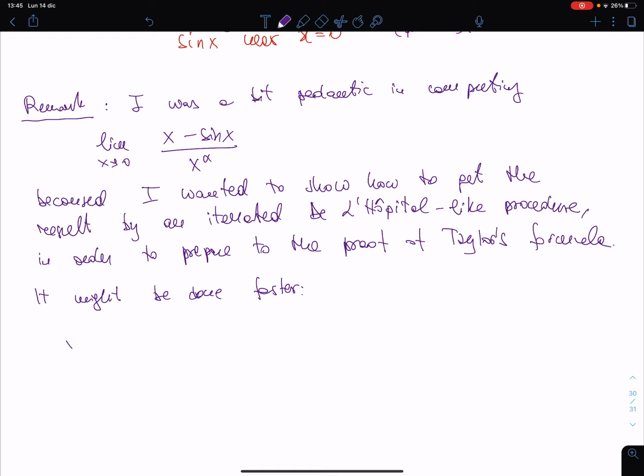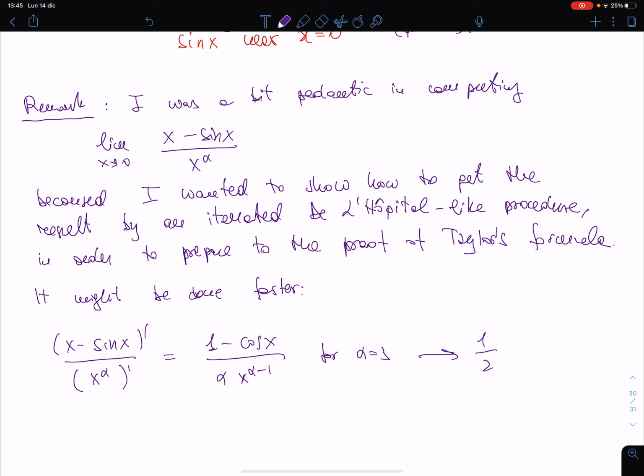So when you have x minus sine of x divided by x to the alpha, and you compute the first derivative, then you have 1 minus cosine of x divided by alpha x to the power alpha minus 1. You immediately know that it is only for alpha equal to 3 that this goes to 1/2 times 1/3, which is equal to 1/6, by another method that you already know. Okay, so it is much faster.